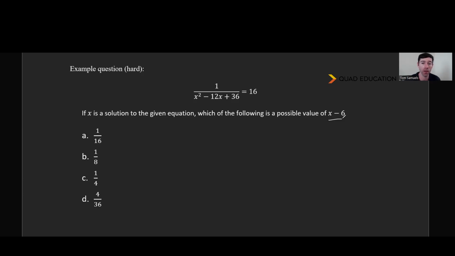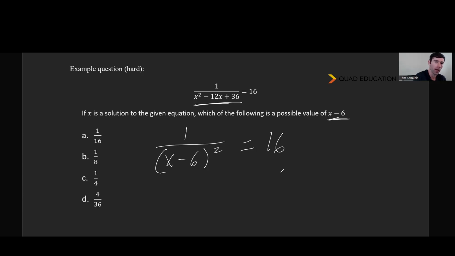So let's take a look. The first big thing is you're supposed to recognize that x minus 6 is there, and that right there is x minus 6 squared. So right away, we're really getting someplace. So x minus 6 squared equals 16. Since we have that square and we don't want it, we can just square root both sides. And then we're at 1 over x minus 6, and that's equal to 4.